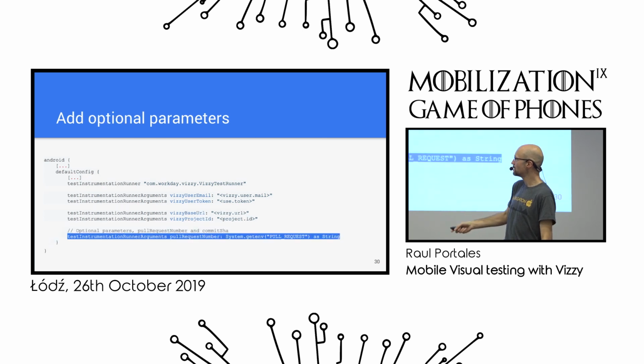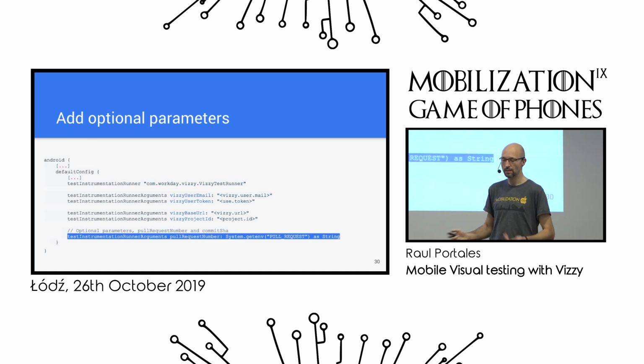And optionally, if you're integrating this with your CI/CD pipeline, you have the possibility to have the pull request ID, so it's all linked together, and by pull request you can always figure out what were the tests for this one. And that's it for configuration.